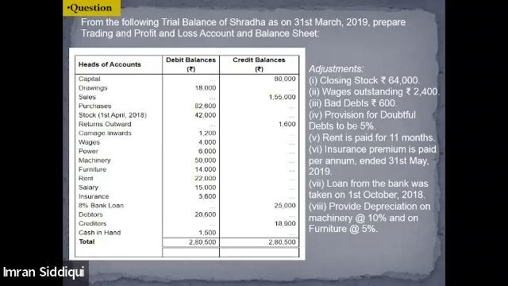Now we have the 8% bank loan. The 8% bank loan is a liability, obviously. There is an adjustment regarding the loan, adjustment number 7. It says the loan from the bank was taken on 1st of October 2018. So on the loan that we have taken on 1st of October 2018, we need to pay interest from 1st of April till 31st of March.